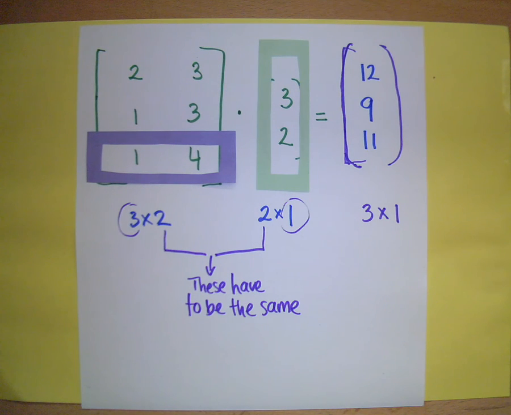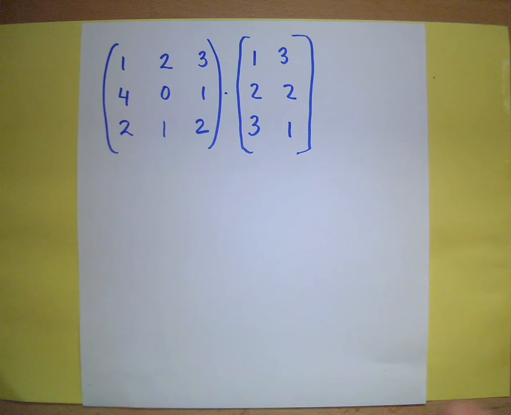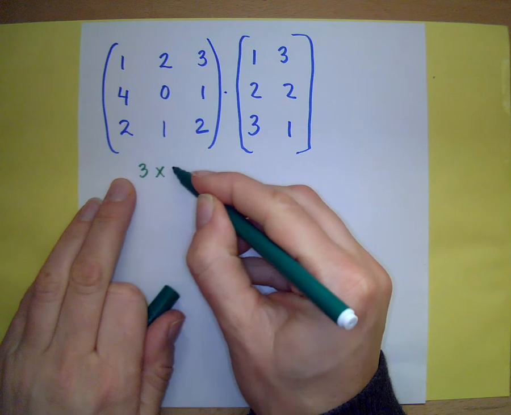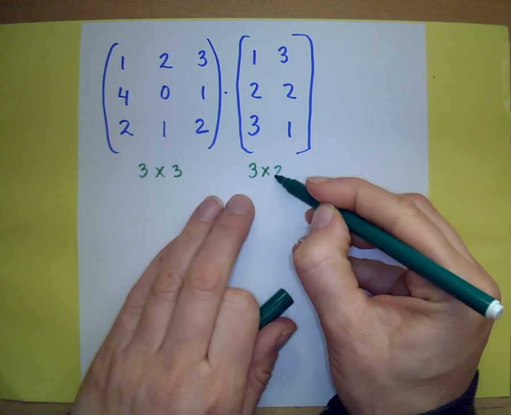Okay, let's see if we can do that with a slightly bigger matrix. These are random numbers. Let's first decide if we can even multiply these. This has a size 3 by 3, right? This has a size 3 rows by 2 columns.